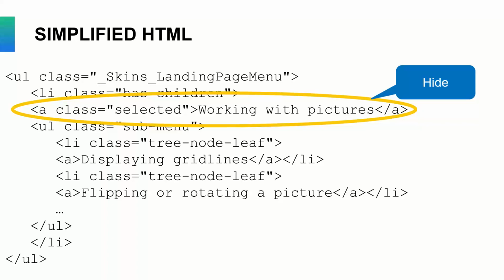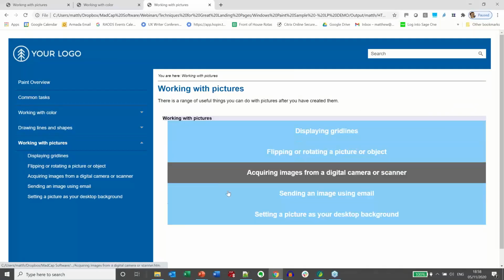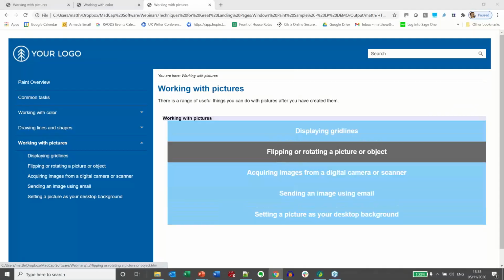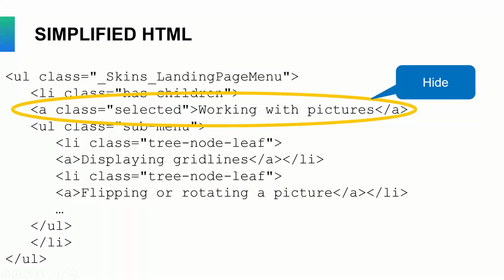If we look at the HTML behind this menu proxy in the output, we'll see, I've slightly simplified the HTML here, but basically what we've got is a list of links, and they've included the current topic there. But the current topic has a class of selected automatically attached to it. It always is. The current topic will always have this selected class.